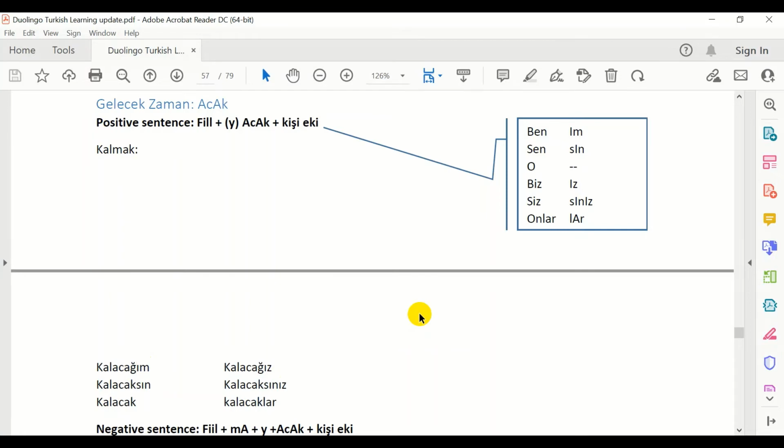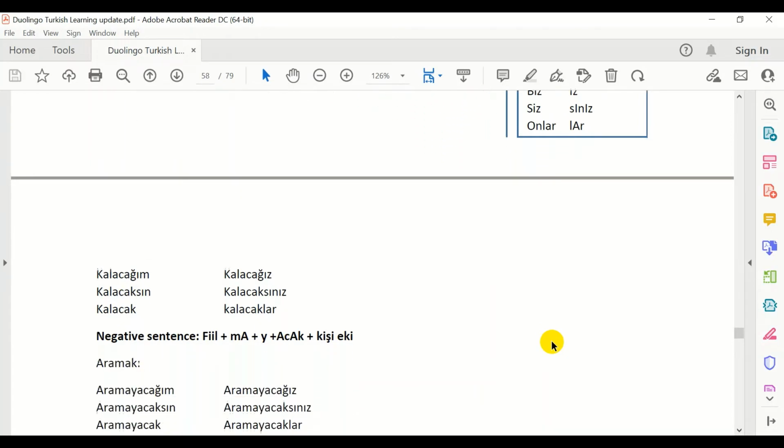I hope you remember them. Kalacaksın, kalacak. With these sentences I have not used the subject pronoun because these suffixes already convey the meaning of the subject pronoun, so it is not mandatory. You can say ben kalacağım, I will stay, or kalacağım, I will stay. Both are the same. So it was a positive sentence for the future tense, as simple as that.